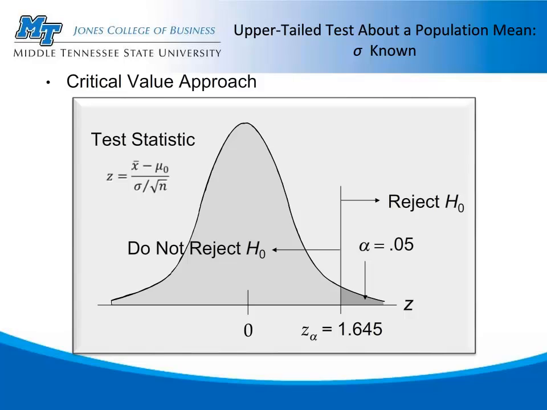But once we know what the computed value is, if it turns out to be less than 1.645, we're going to be in the do not reject null area, and that'll be our decision. But if the computed value is 1.645 or larger for this upper tail test, then we're going to be in the reject part, and that would be the appropriate decision.